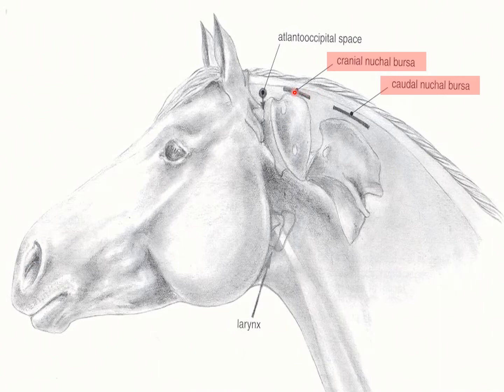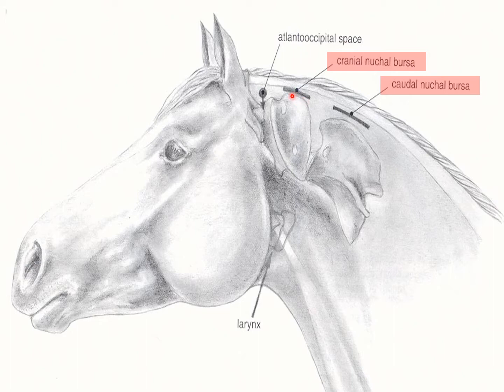The cranial nuchal bursa is the space located between the ventral aspect of the funiculus nuchae and the dorsal aspect, or the spinous process, of the first cervical vertebra, the atlas.